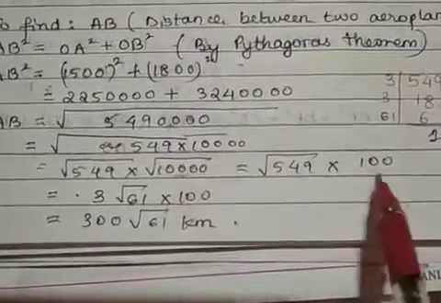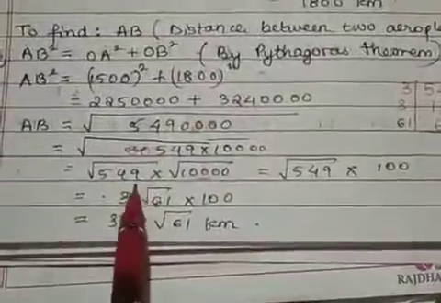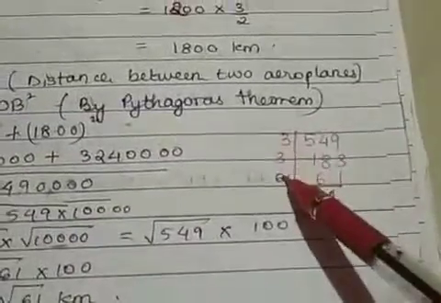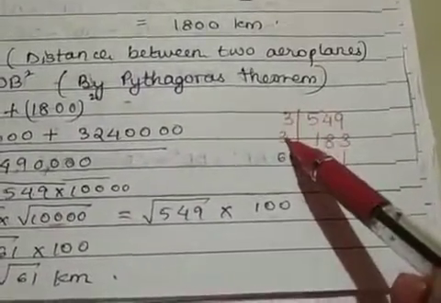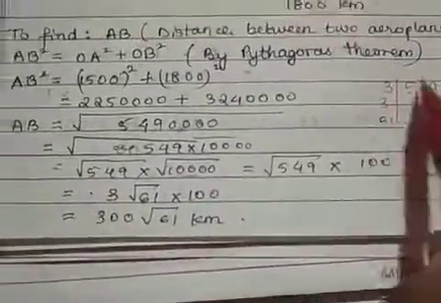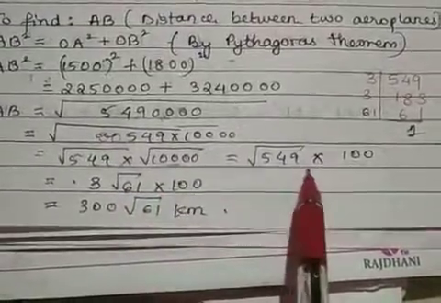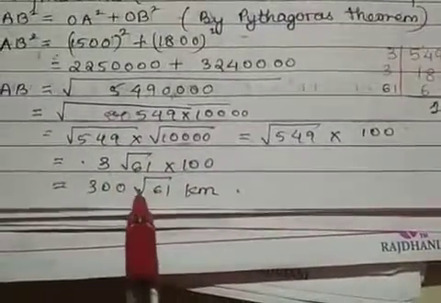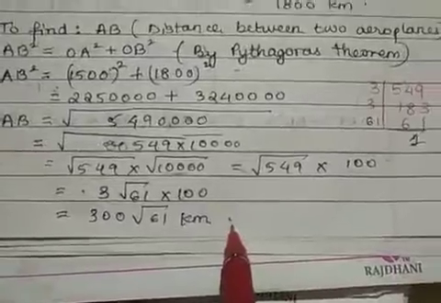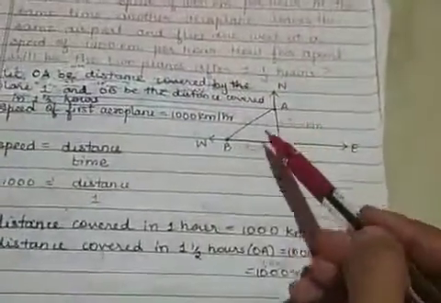Now 549, if I find factors, I get 3 multiplied by 3 multiplied by 61. So this will be 3 into square root of 61 multiplied by 100. So it is 300 square root of 61 kilometers. So this is how we find the distance between the two planes.